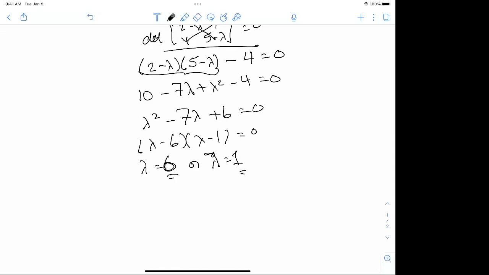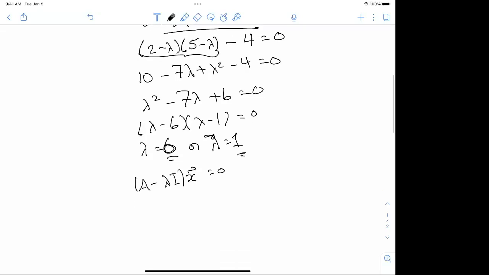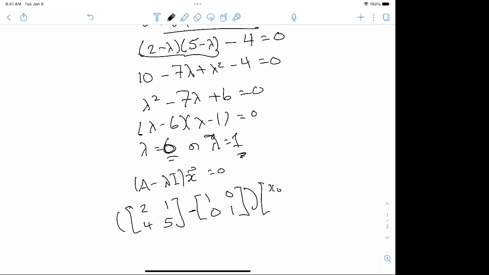Now, what I want to find is a case where, again, A minus lambda I times x, the vector, equals 0. Well, I now know a lambda where this is true. So I take my 2, 1, 4, 5. I subtract 1, 0, 0, 1. Multiply that by my vector, which we'll just call x0 and x1. And all that has to equal 0.